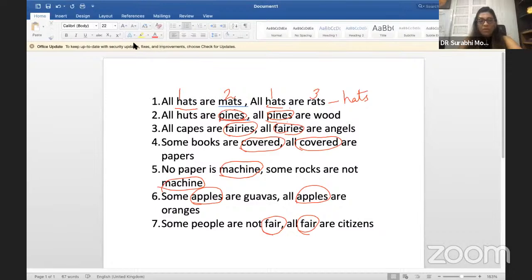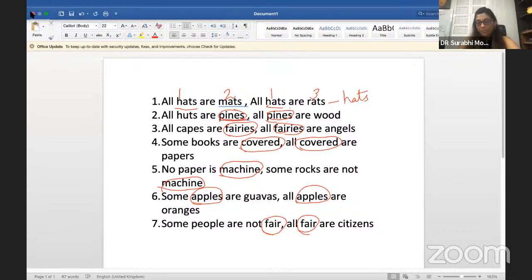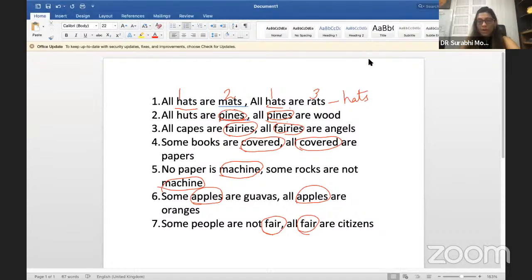Now everyone is comfortable with the concept of the middle term. Right? You will be able to mark the middle term. Great.